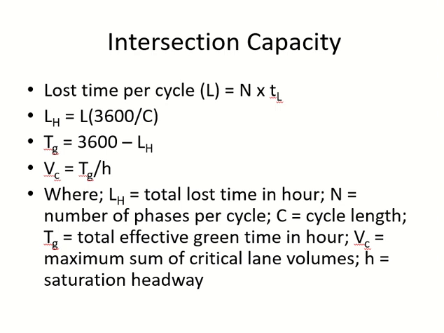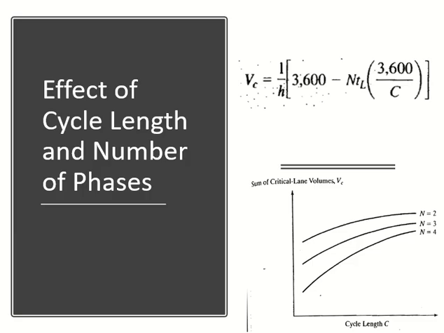So TG has an equation. Then in the equation of TG, LH has an equation. An equation of LH, L has an equation, right? So I can put all these values back into the equation. This is the simplified version. And after you put all the values which I have just mentioned, the final equation is this one.